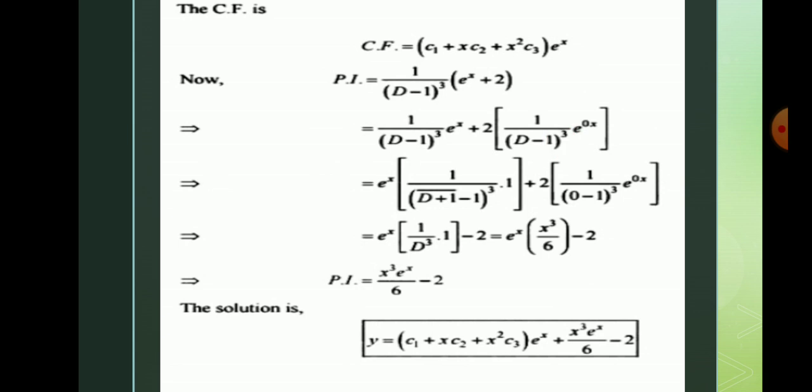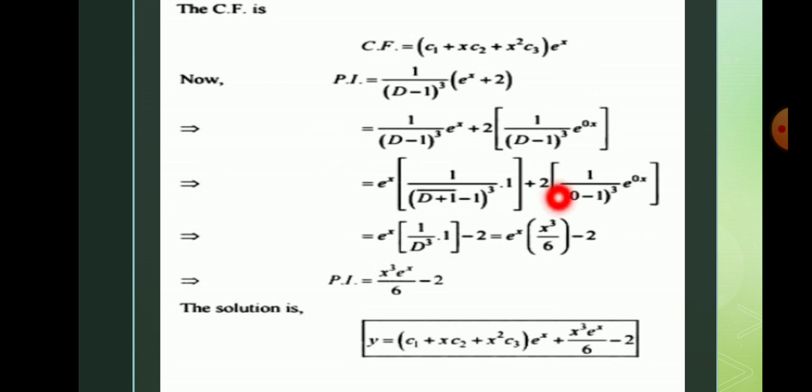Now by the property of e to the power x, we know the formula that 1 upon f(D) e to the power ax is equal to 1 upon f(a) e to the power ax, where you replace D by a.